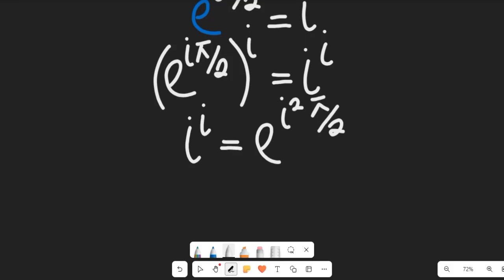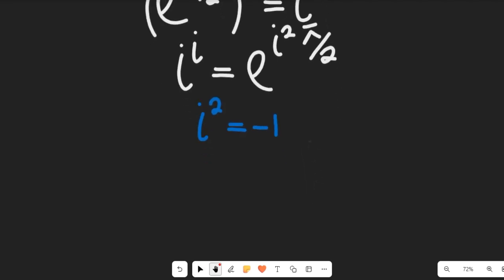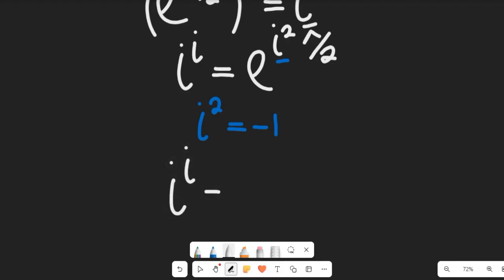Now I want you to recall that we have i squared equal to -1, right? So if I apply that here, I'm going to have i to the power of i be equal to the exponential value of -1 multiplying pi divided by 2.